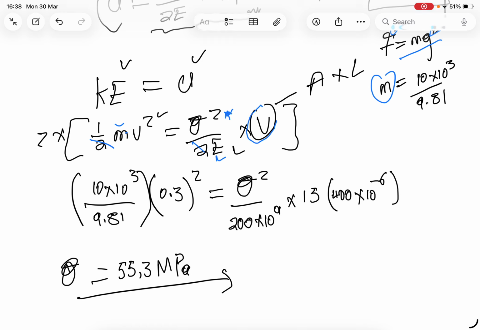The volume of the rope is area times length. I have the length, and the area of the rope is 400 millimeter squared; changing to meters, you times by 10 to the power minus 6. Then I punch, and I get my answer. You will get positive and negative, but you don't take negative. We focus on the positive.